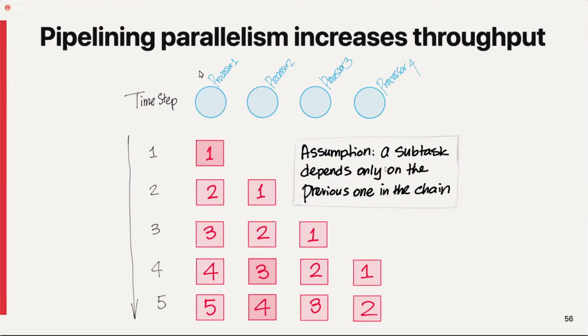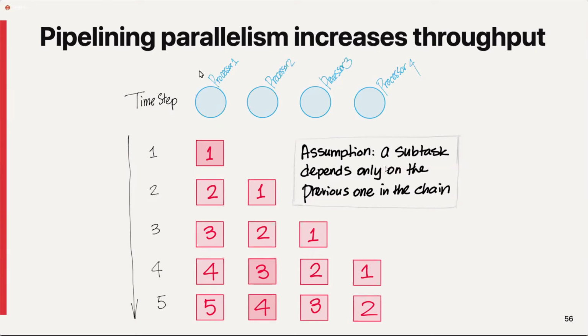Well, pipelining can help us increase the throughput if we have a special feature in the subtasks of our tasks. Our assumption with that special feature is that a subtask depends only on the previous subtask in that particular chain rather than having too many other dependencies.